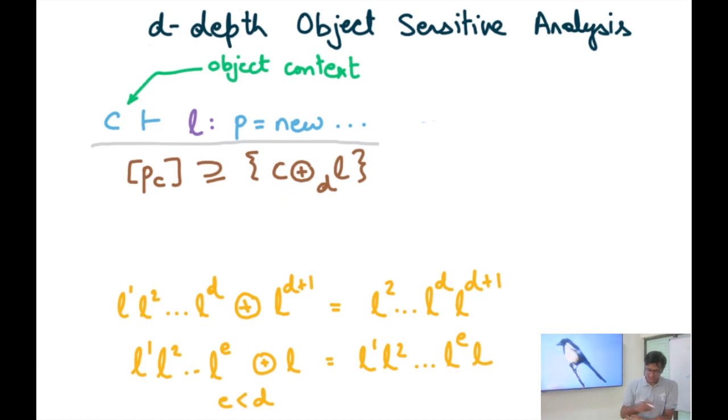So the only thing that changes here is what happens across an allocation site, because now we keep track of this object was allocated at this allocation site in the context of an object that was allocated at that allocation site. So that would be a two-depth object-sensitive analysis, and that's what this rule implies.